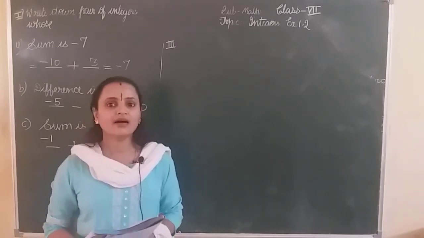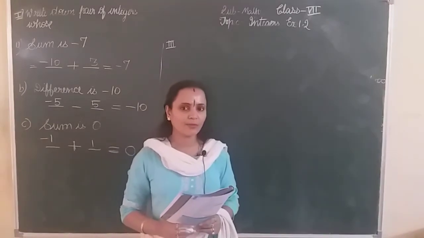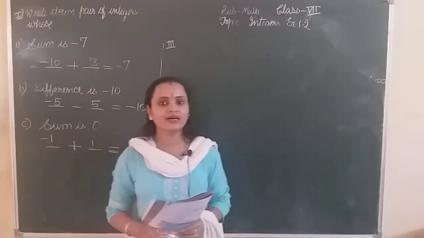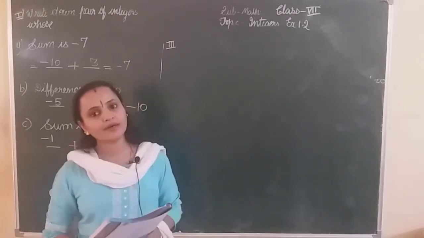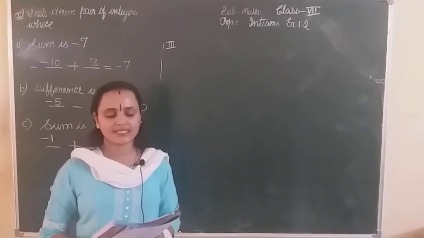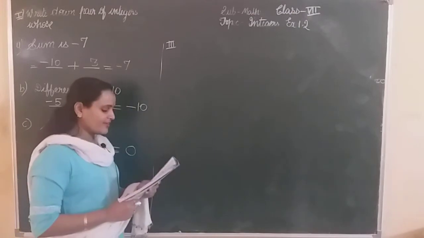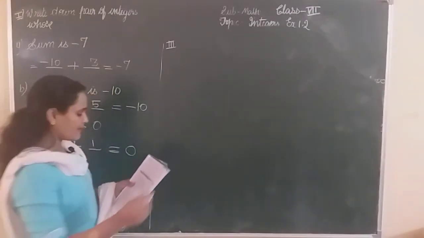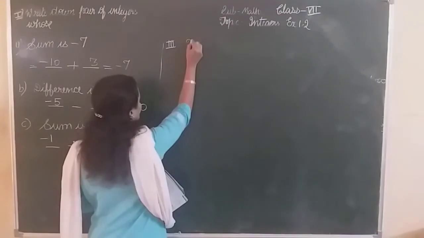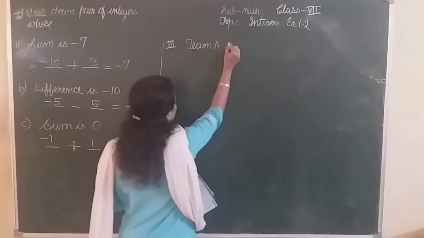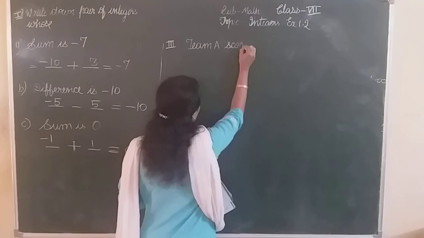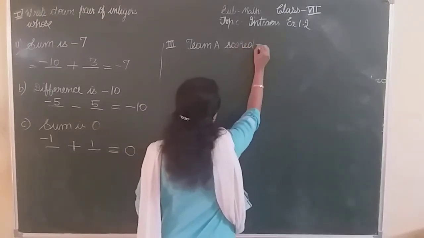Yes. Due to which property, when you are adding, the result is the same? That is the commutative property. When you add the numbers in any order, the result will be the same. So now first we will write the summary of the statement sum. Team A scored, what points have they scored?